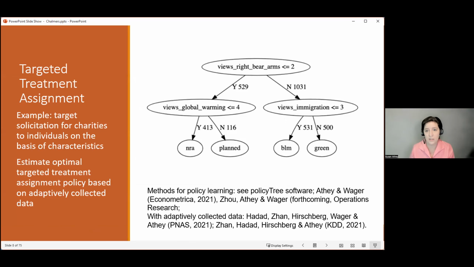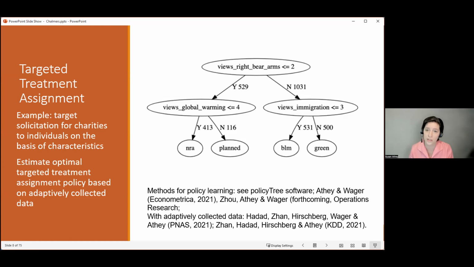And what do I mean by a targeted treatment assignment policy? That's when I target a treatment to different people. So here's an example of a decision tree format for a targeted treatment assignment policy. And this is taken from an experiment that I ran that was partly designed to illustrate techniques for contextual bandits.